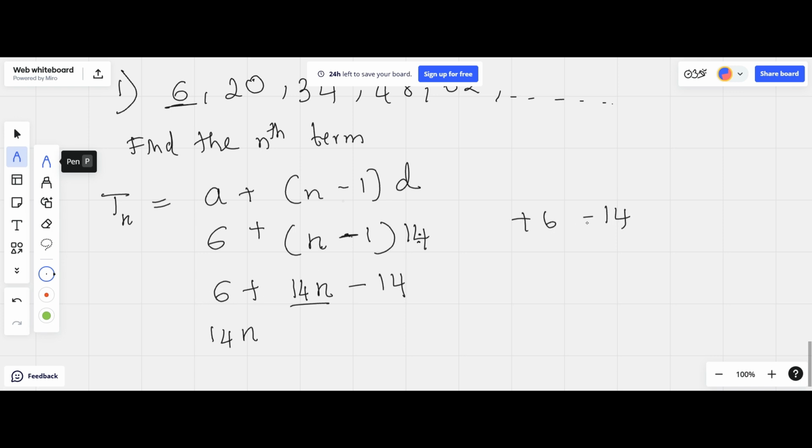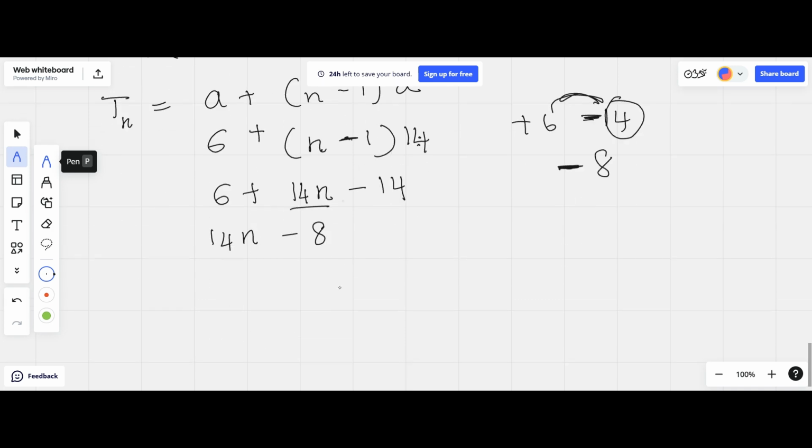The larger number is 14, so its sign is minus. The difference is 8, so minus 8. So 14n minus 8. This is the nth term. So you may be a little confused.